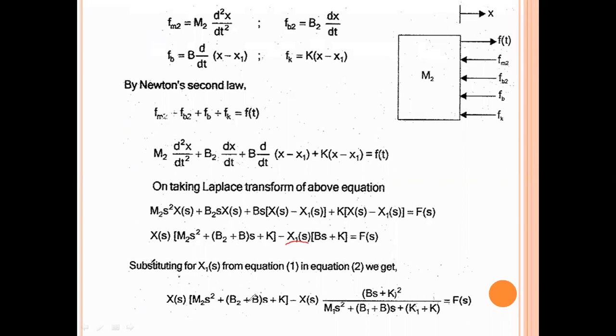So this entire equation will become like this. But what do we need to do? We need to calculate the transfer function. Transfer function means output by input. Output is x of s, input is f of s. So from this equation, we need to write x of s by f of s. In the next slide, we will see that.